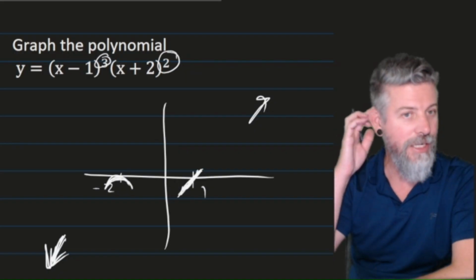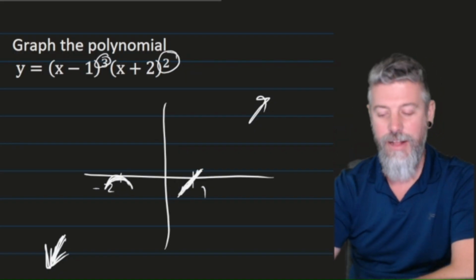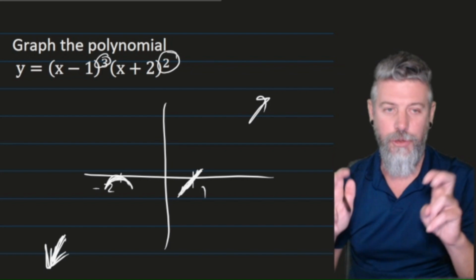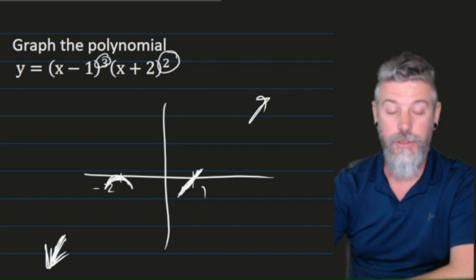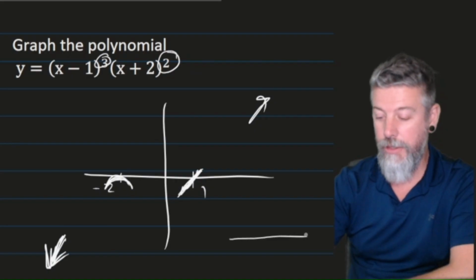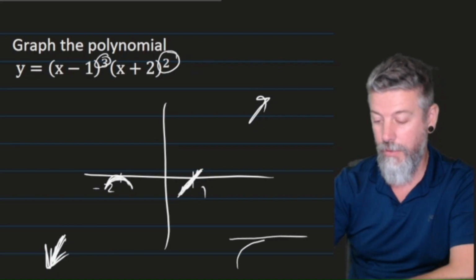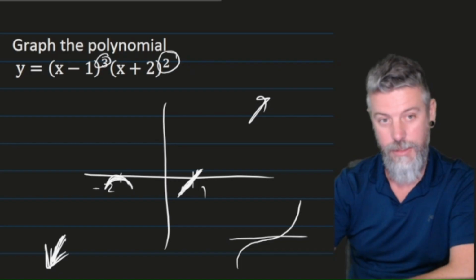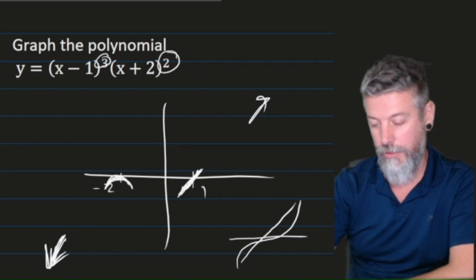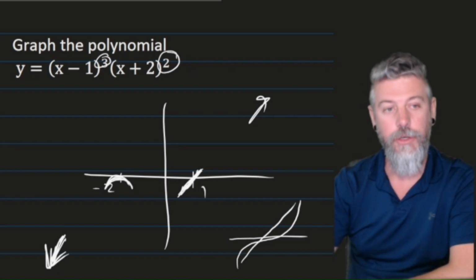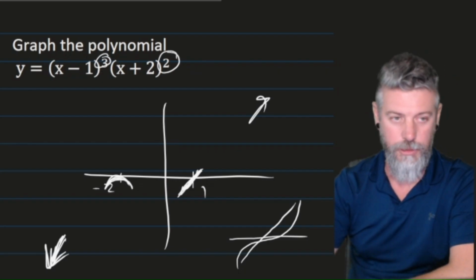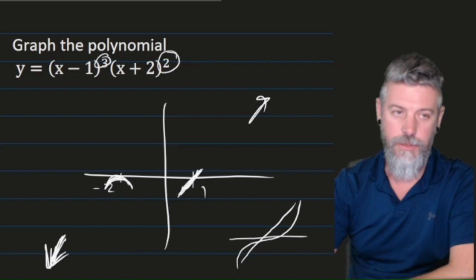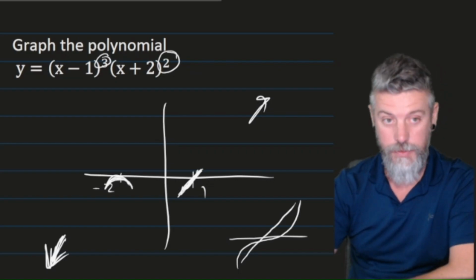Now it can be a little bit more complex than just go through. There are ways in which graphs can go through that look a little different. You can go through like this, as opposed to going through like this. So you can have a little bit more complexity to the polynomial as it has higher and higher degrees.